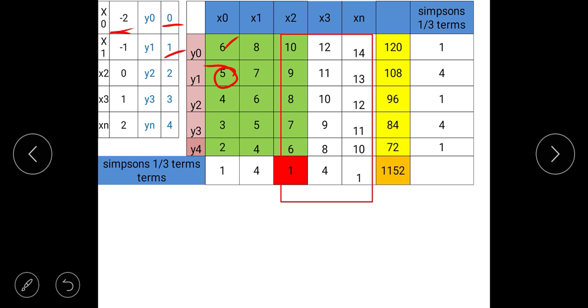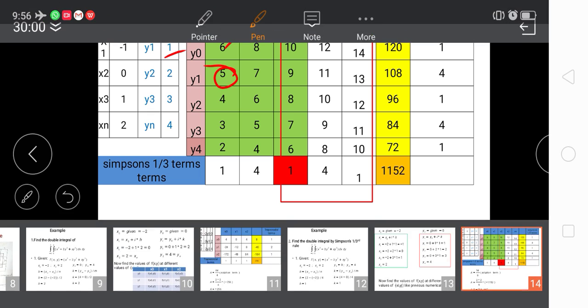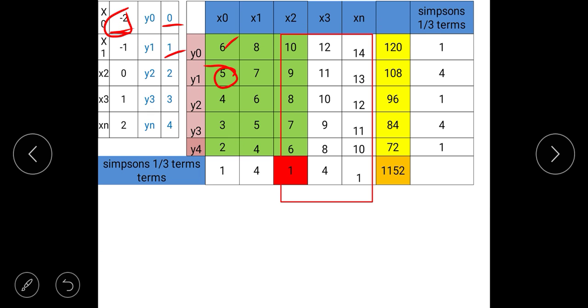Again, same, you can keep x0 constant, that is minus 2, and vary y: first 0, then 1, then 2, then 3, and then 4. So we'll get all these numbers: 6, 5, 4, 3, and 2. Similarly for the x1 column, x2 column, x3 column, and x4 column.